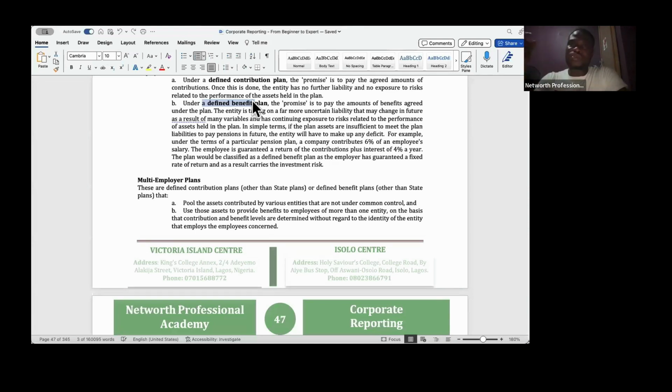It's a defined benefit, so if when you retire now, you're supposed to be getting 1 million, but the scheme in which they have invested the money says that you can only get 800,000 for whatever reason. Maybe they didn't invest it well. It recurs back to the employer, because the employer has promised you 1 million. They have to make it up to 1 million, add additional 200,000.